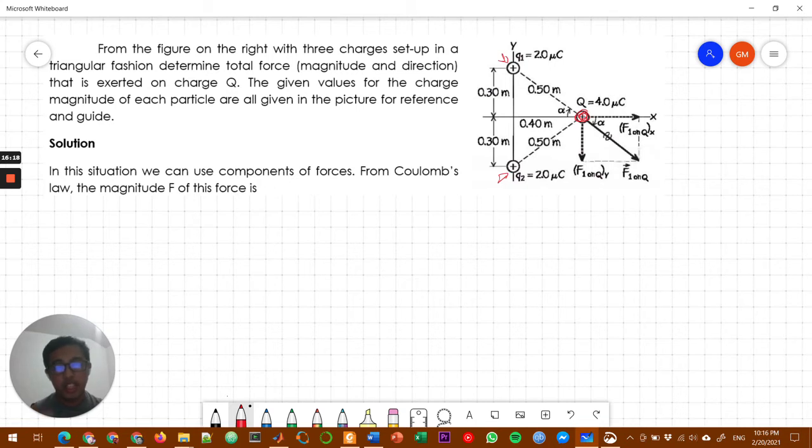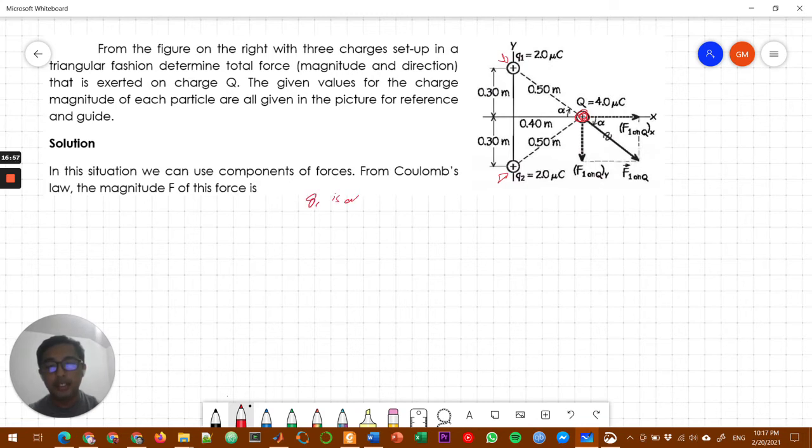Charge Q1 and charge Q2 bear the same charge magnitude, 2 microcoulomb. They are symmetric, almost similar, except for the direction in y, because on the y-axis one is negative and one is positive. But on the x-axis they are both the same, at 0.